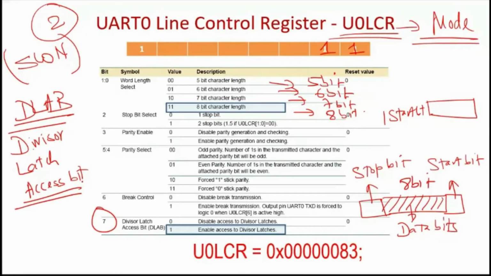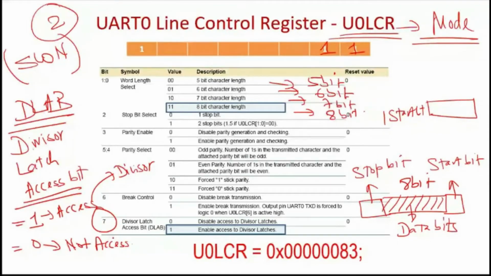There is a 16-bit divisor, which will divide your peripheral clock to generate your baud rate clock. So if you want to access that particular divisor, you need to put this value as 1. If it is equal to 1, you can access the divisor. If it is equal to 0, you cannot access the divisor.